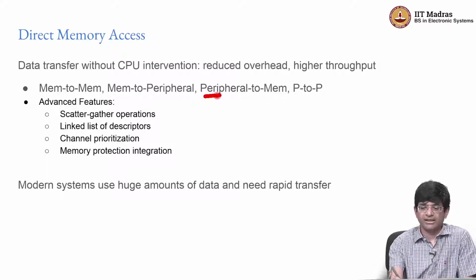Or maybe you are getting data at high speed on an Ethernet and then you need to copy it back into the memory so that it can be processed. And in some cases you might even find that you have peripheral to peripheral communication, directly bypassing the CPU altogether and going directly from one peripheral to another. If you have custom hardware that specializes in moving data around, it can take care of all of these things and leave the CPU free to do other things.